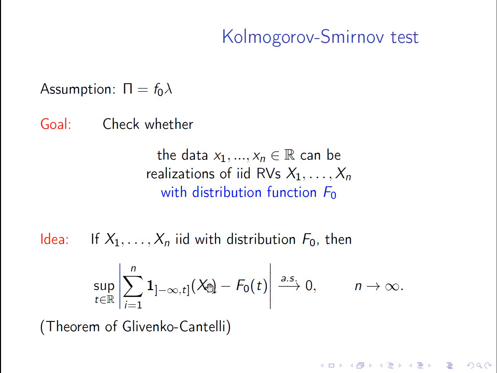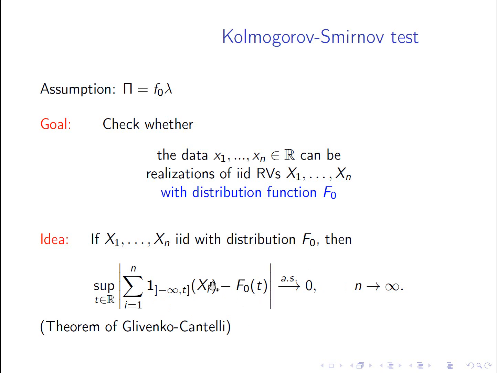So if Xi has a value less than t, we have a 1, otherwise we have a 0. In other words, this is the empirical distribution function. We compare it with the real distribution function, take the absolute value and then the sup. Glivenko-Cantelli tells us that if X1 up to Xn are IID with this distribution function, then this thing converges almost surely to 0.